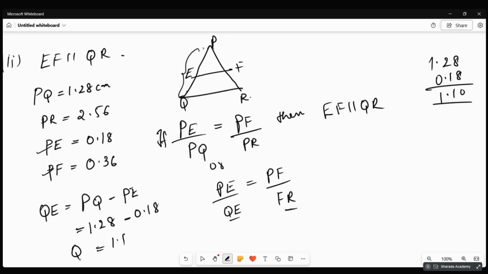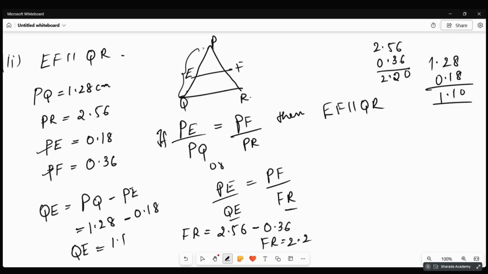So QE, I got 1.1. Then FR is equal to PR, which is 2.56, minus PF, 0.36. So 2.56 minus 0.36, you will get 2.2.